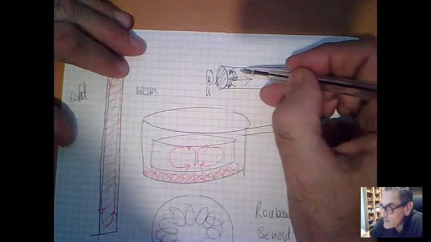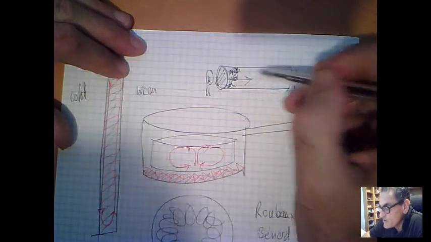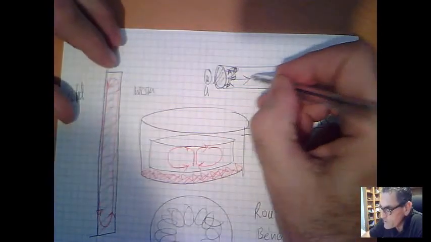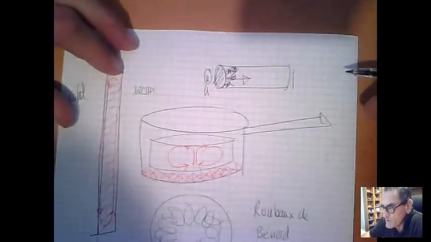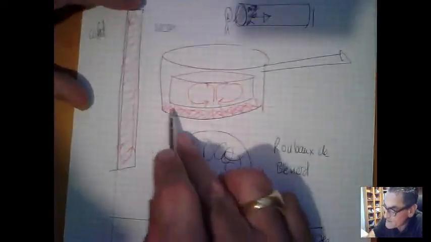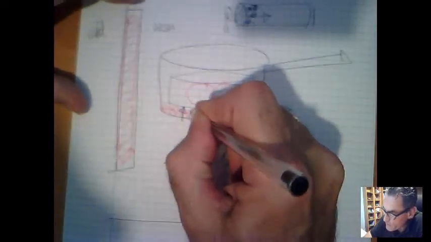So little by little, through the material, this thermal agitation is going to be transmitted from each atom to the next atom, from each molecule to the next molecule, until the heat arrives on the other side. Okay, this is conduction.